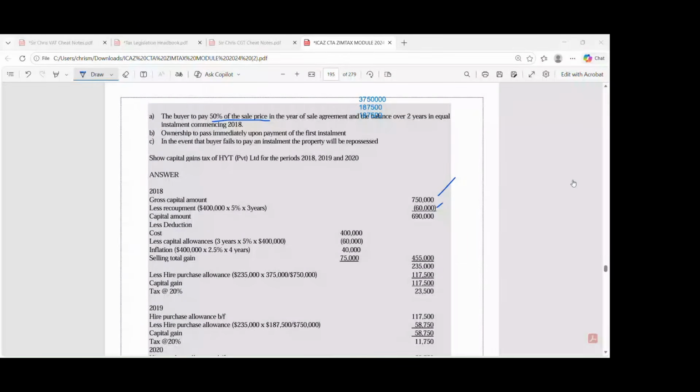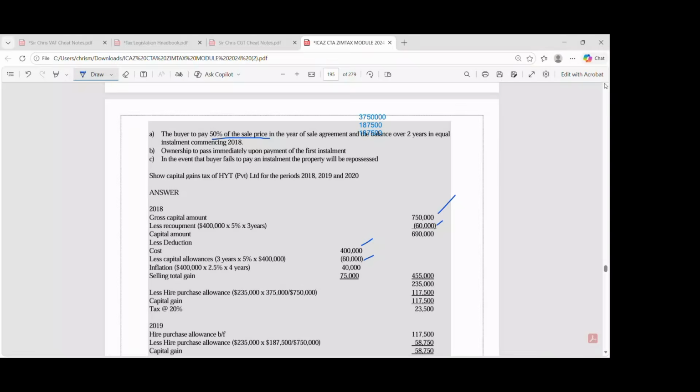Then another important thing, I less my deductions. There is the cost, which is in terms of section 11. Then let's come to allowances, the 60 for the 3 years. But for inflation allowances, remember that for inflation, it's 15, 16, 17, 18. That's why we have 4 years here.